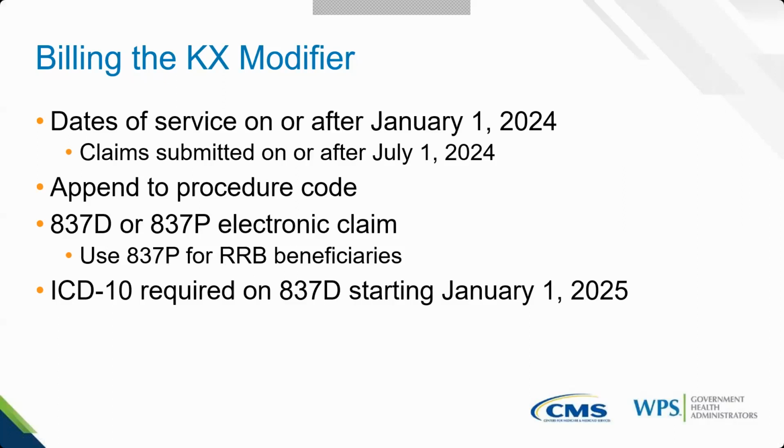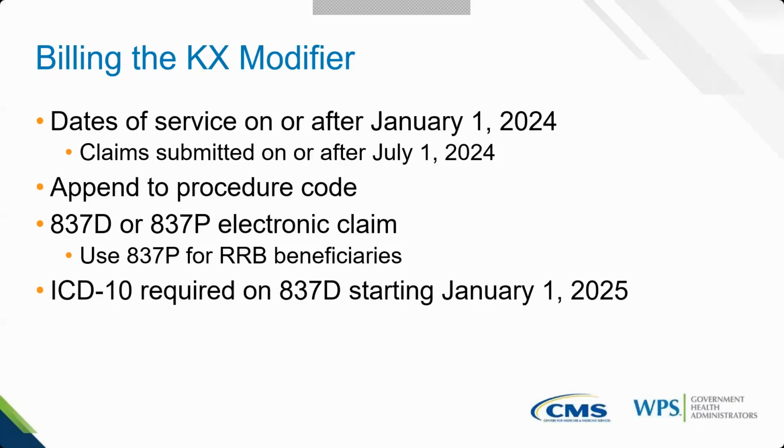We also want to specify that beginning January 1st, 2025, you do have to submit a valid ICD-10 code on the 837D claim forms. The diagnosis code field is required for Medicare fee-for-service to process the claim, but since this is new and we're just getting started, CMS is exercising enforcement discretion for the first few months that the transactions will be received.